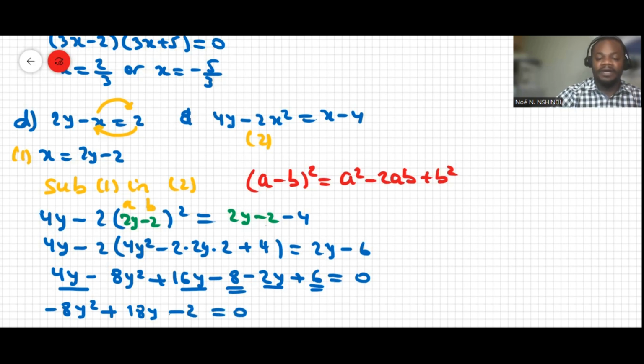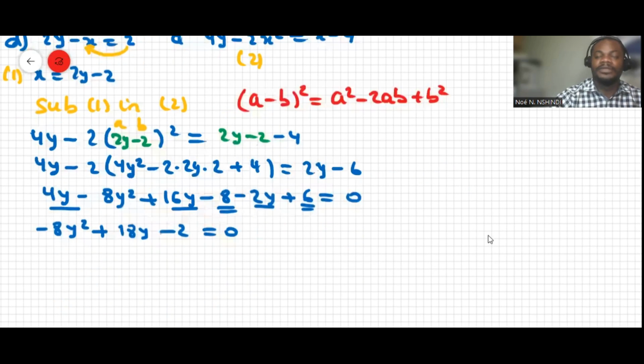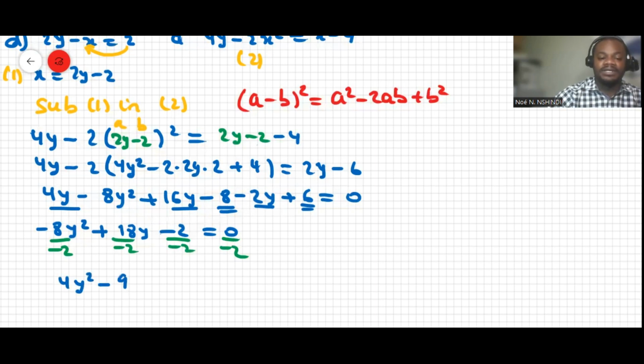We can simplify this equation because they're all multiples of negative 2. We divide each term of the equation by negative 2, and then this will become 4y squared, be careful here, minus 9y plus 1 equals 0.